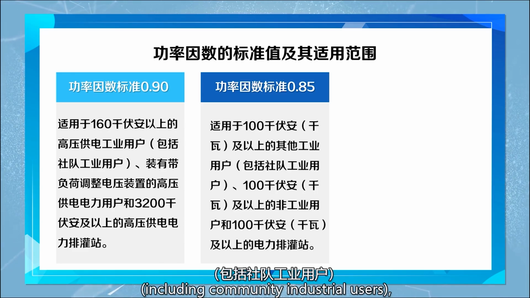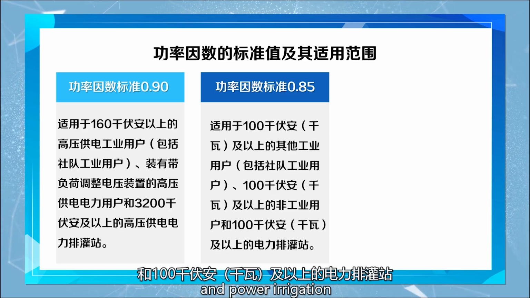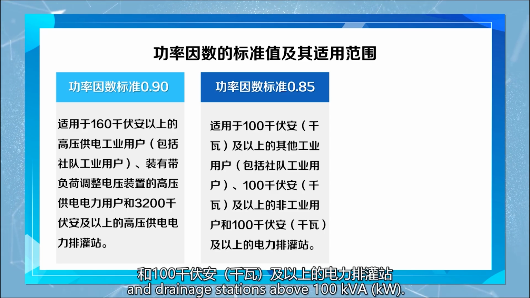including community industrial users, non-industrial users above 100 kVA, and power irrigation and drainage stations above 100 kVA.